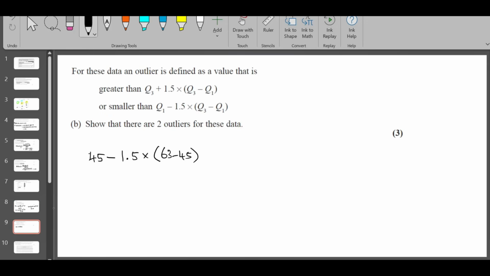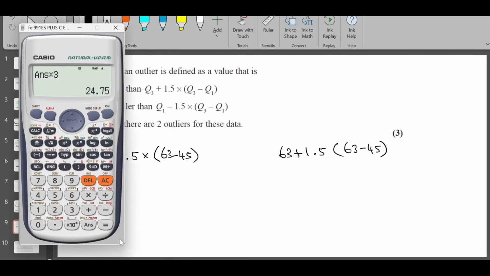And then Q3 plus 1.5 times (Q3 minus Q1). Let's calculate this. 45 minus 1.5 times (63 minus 45). It's going to be 18 if I'm not wrong. 18.